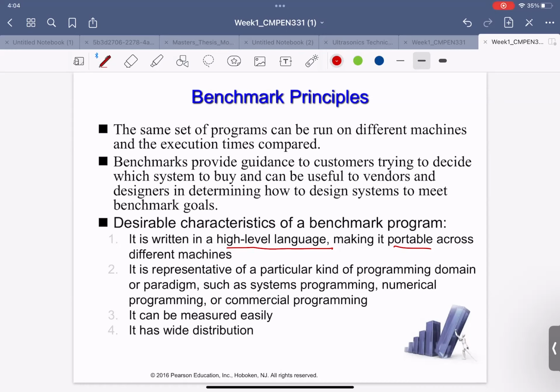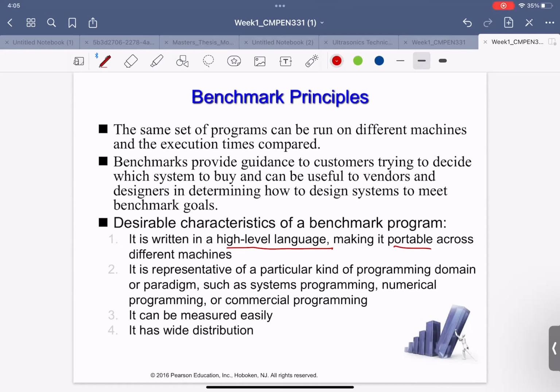So the performance-wise, of course, would be biased toward the company that I have built my assembly for. And of course, in order to be fair and portable across all different products or CPUs, it has to be written in a high level language. Also, it needs to represent a certain particular domain.